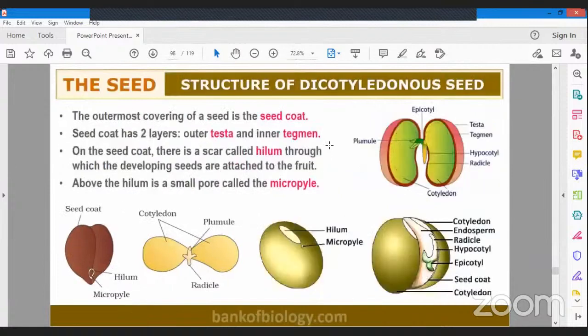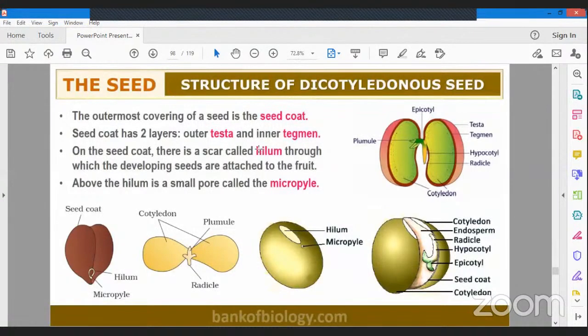Okay, next, structure of dicot seed. The outermost covering of the seed is called the seed coat, which is made up of two layers, testa and tegmen. They are basically developed from integuments.